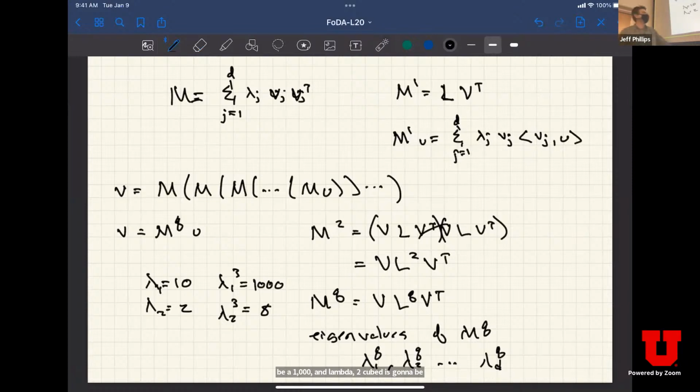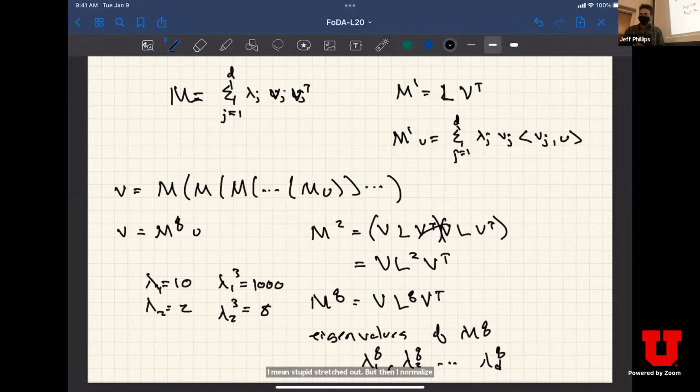The ratio between 10 and 2 is 5. Between 1,000 and 8 is over 100. So they get more and more stretched out, and what's going to happen is the original vector u is going to point more and more in the direction of the largest eigenvector. It's going to be super stretched out, but then I normalize it.